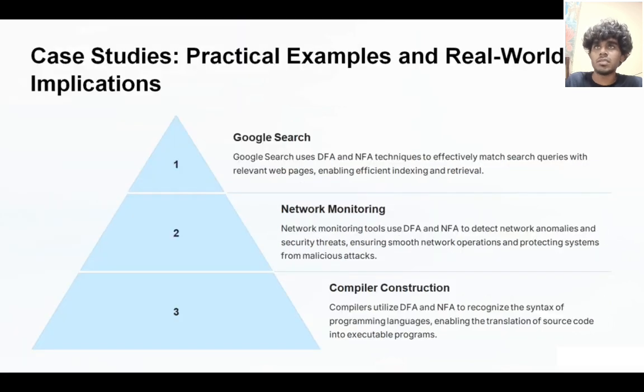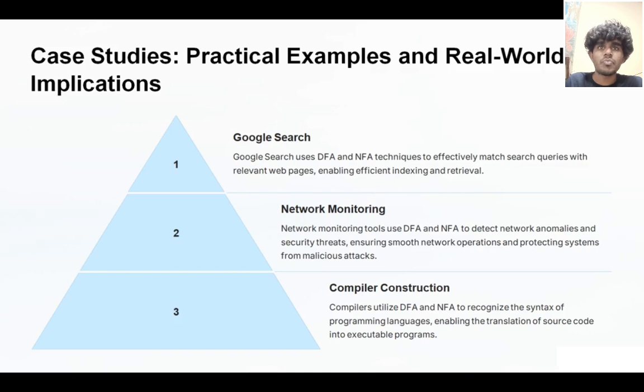Next we go to case studies: practical examples and real world implications. Google search: Google search uses DFA and NFA techniques to effectively match search queries with relevant web pages, enabling efficient indexing and retrieval.